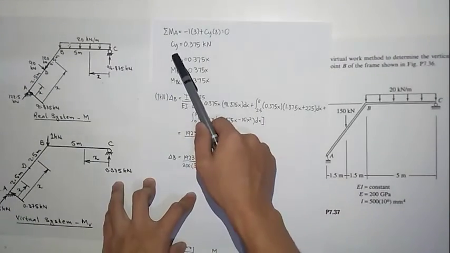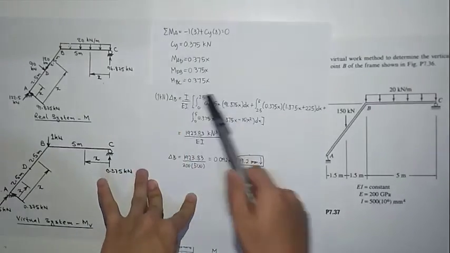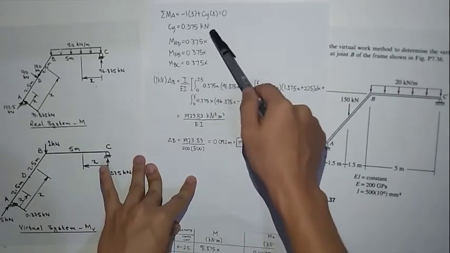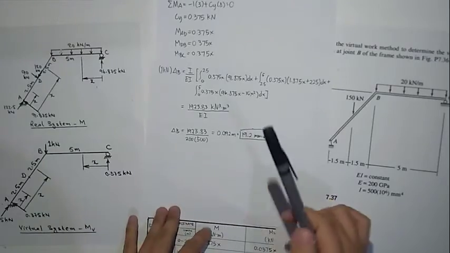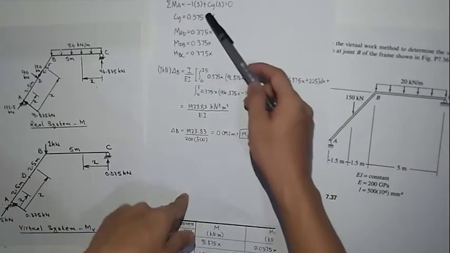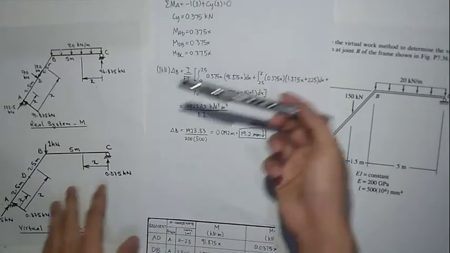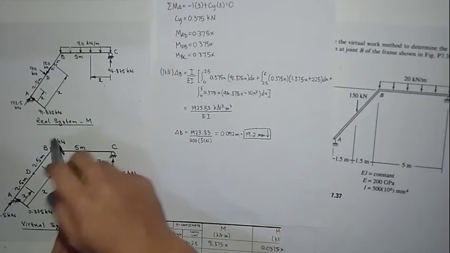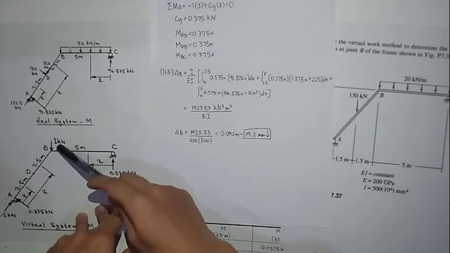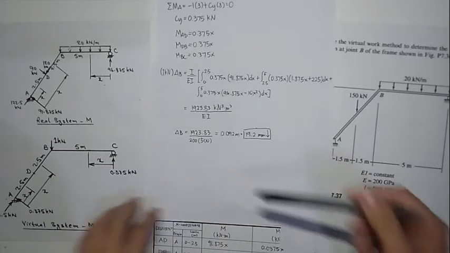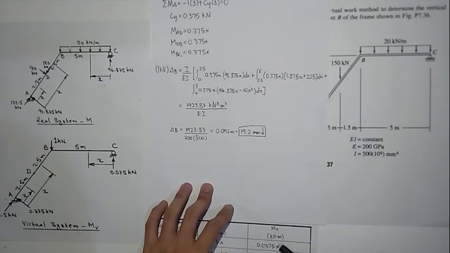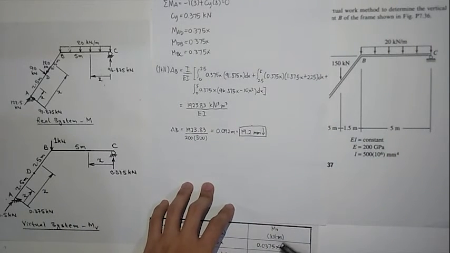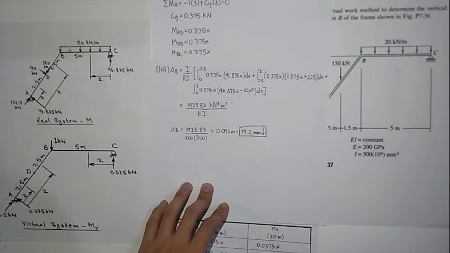Kuha po natin ang CY na 0.375, at mapansin nyo po na kaparehas lang po sila lahat dahil isa lang po ang force na nakalagay dito sa kN. So, automatically po na the same na po sila ng equation. Dito na po ang MV.